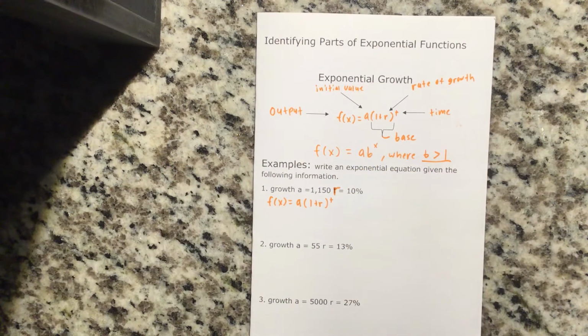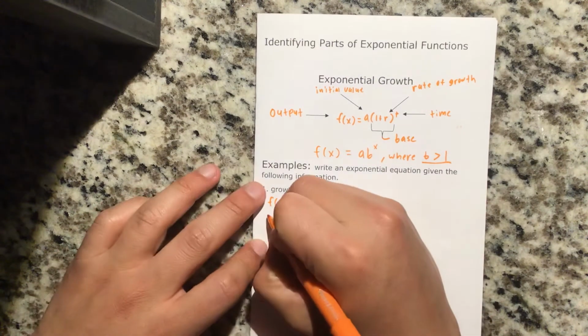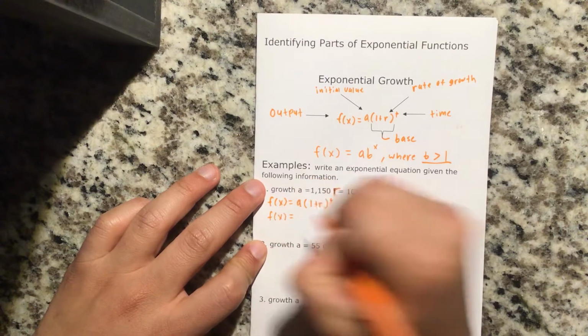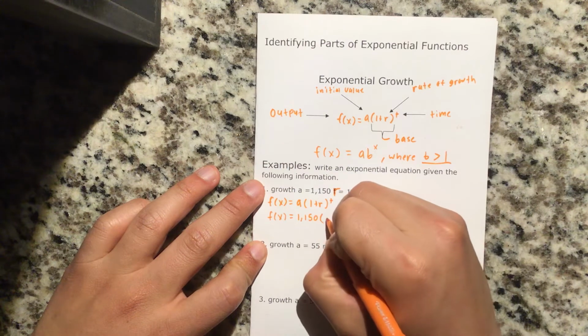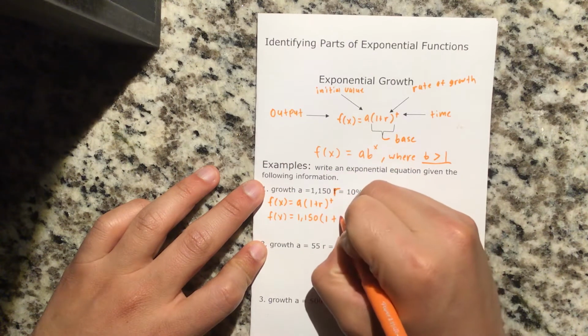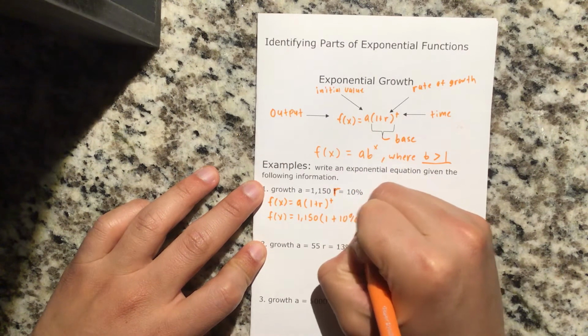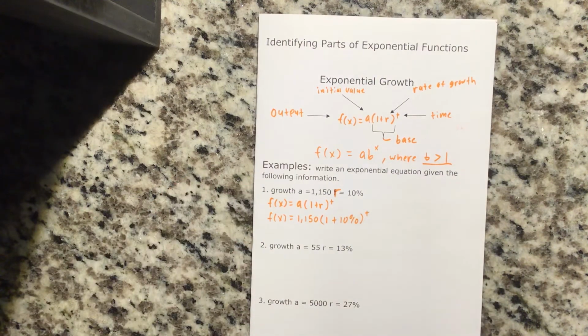So now let's plug in the values that we have. So we have an a and we have an r, okay? So if we plug those in, I get f of x equals 1,150 times 1 plus 10% to the t power, okay?